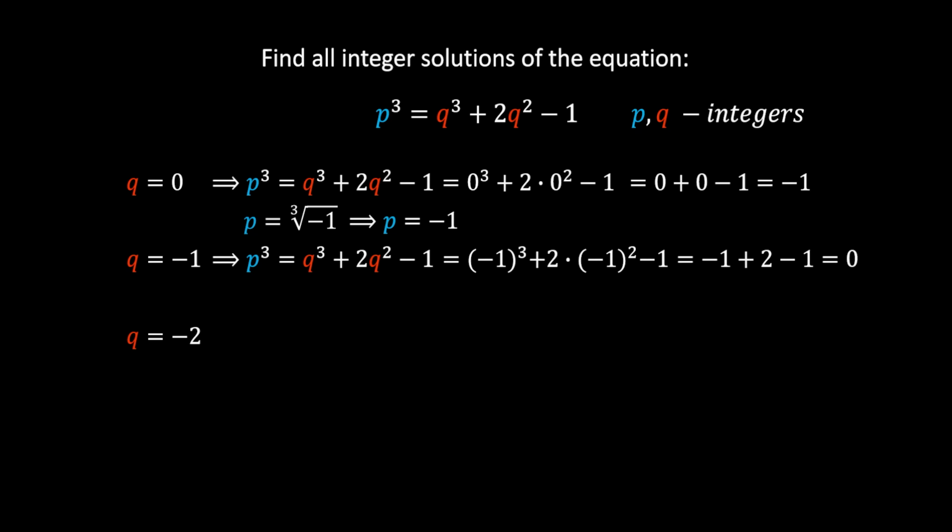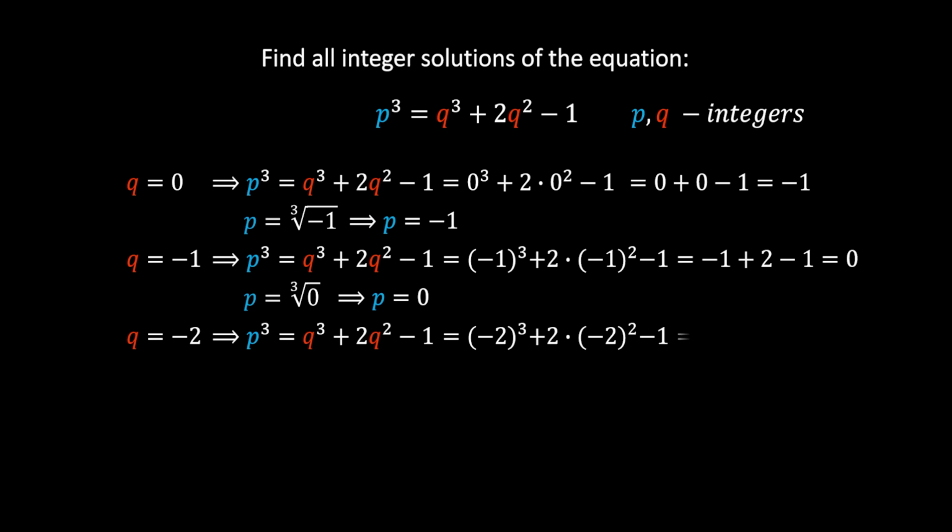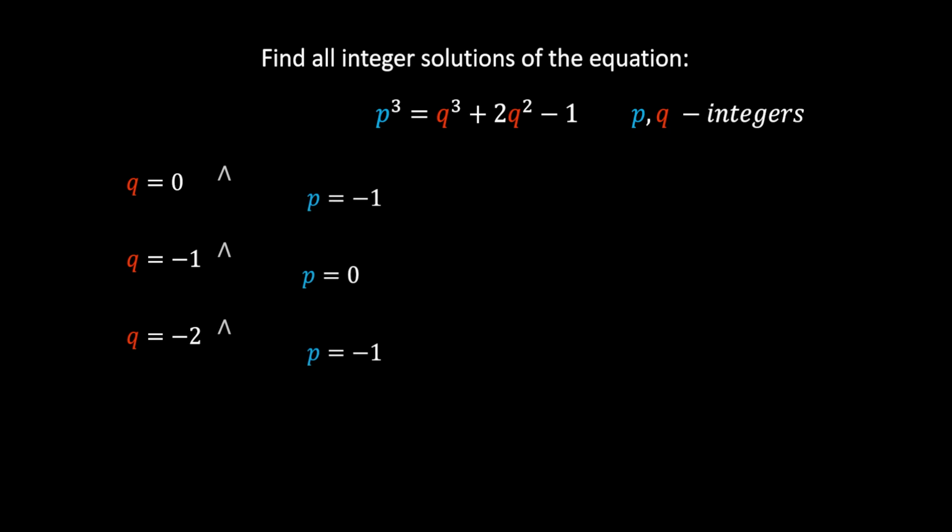So we're going to get that p must be the third root of 0, which actually equals 0. And for the final one, the same thing again. We're going to simplify and get that this is equal to minus 1, which means that p must be equal to the third root of minus 1, so p must be equal to minus 1 again. And those are our corresponding pairs.